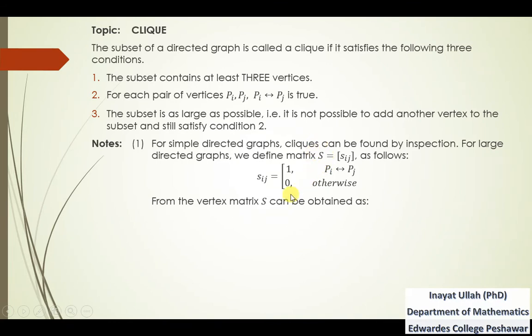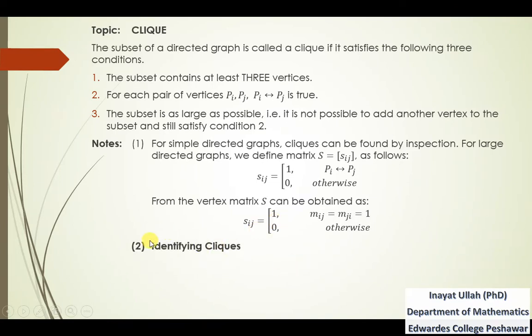So this S can be obtained from the given vertex matrix as follows: the entries Sij of this matrix will be 1 whenever the entries in the vertex matrix Mij and Mji are both equal to 1, and whenever these entries are not both 1, then the entry Sij of this matrix will be equal to 0.